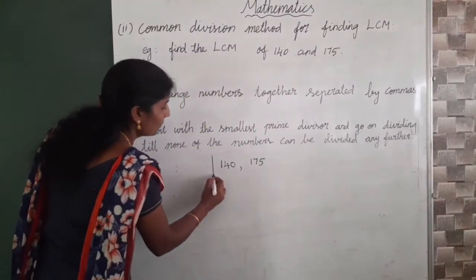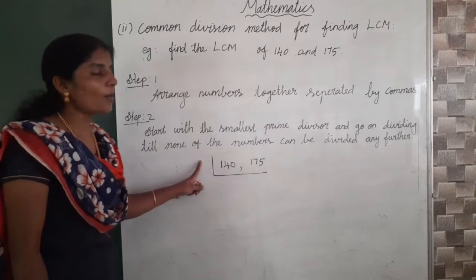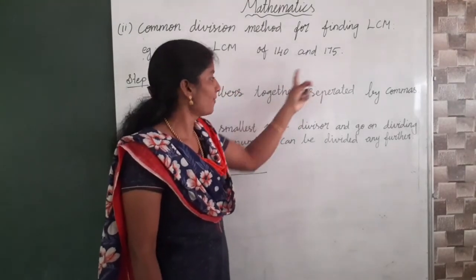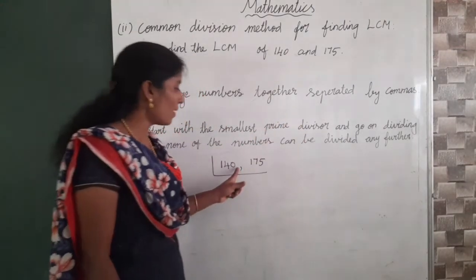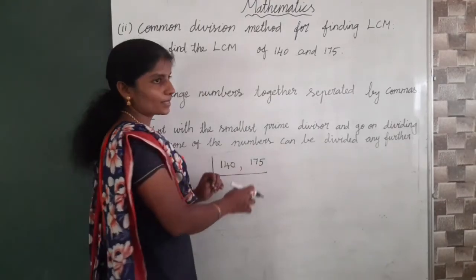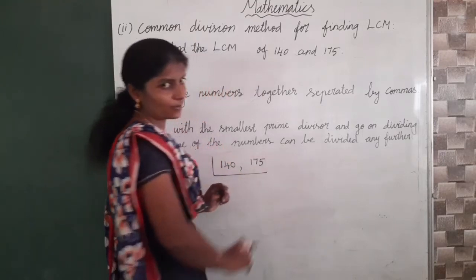This is the common division method. If we have 2 numbers we take 2 numbers. Suppose we have 3 numbers, again we put a comma and add the third number also.